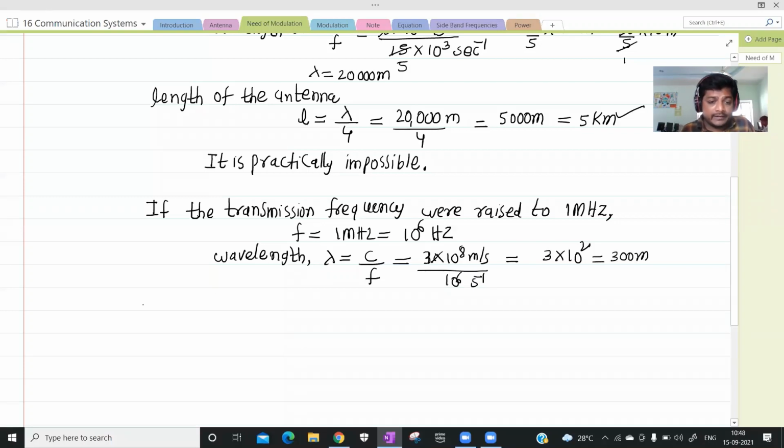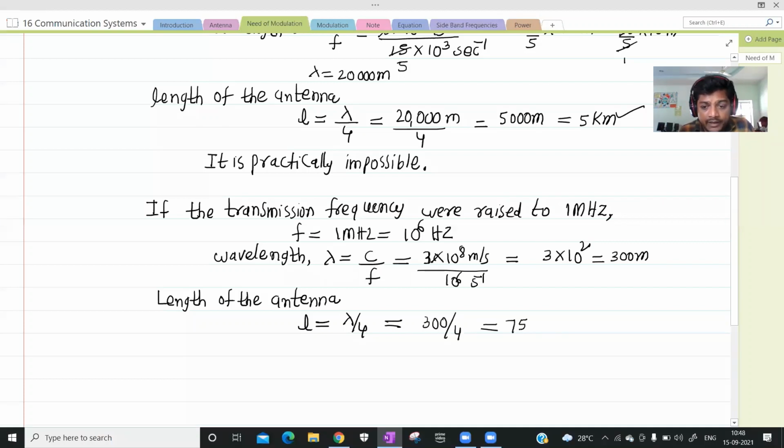Now tell me, what is the length of the antenna? Small L equals lambda by 4. Lambda is 300 meters, divided by 4, that is 75 meters.